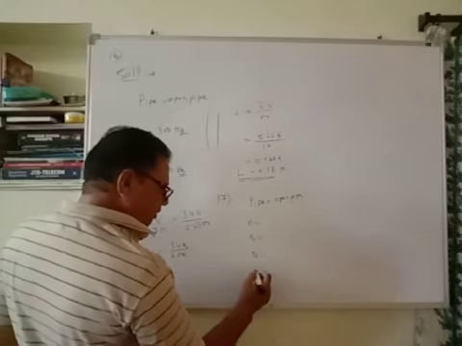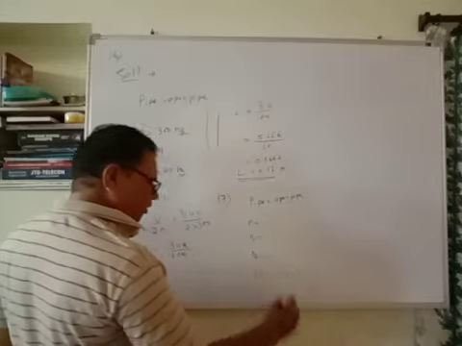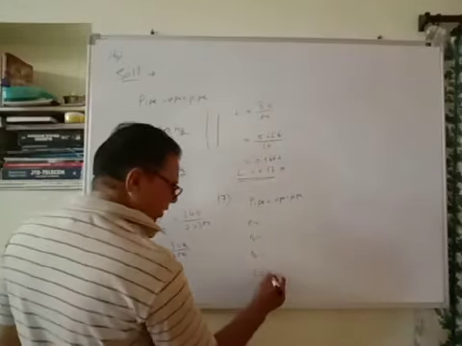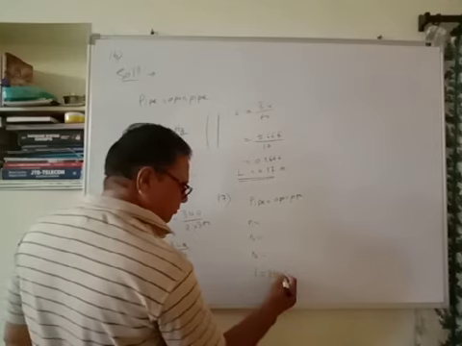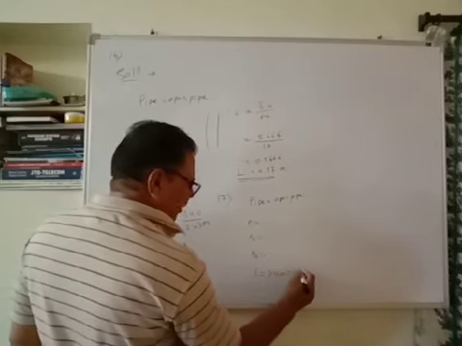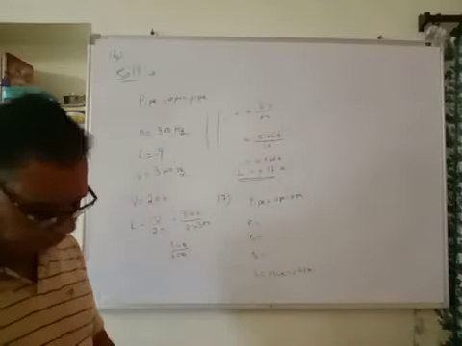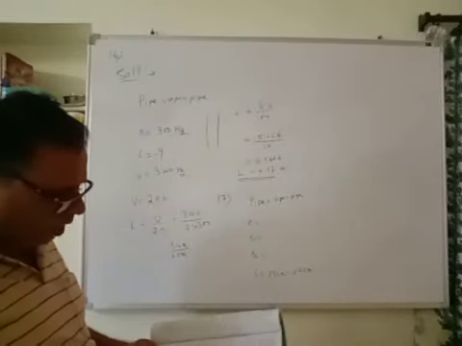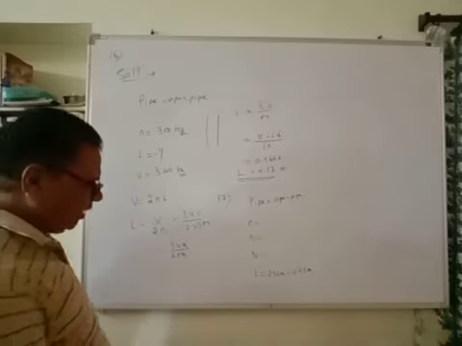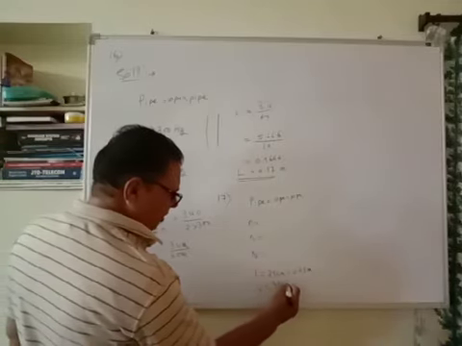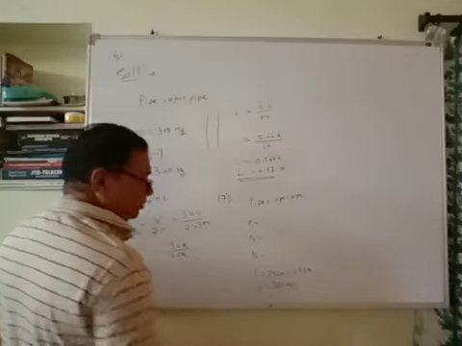The vibrating length or resonating length of the air column is 25 centimeter or 0.25 meter. Convert it into SI unit. If the speed of sound in air is V equal to 330 meter per second. Very simple problem.